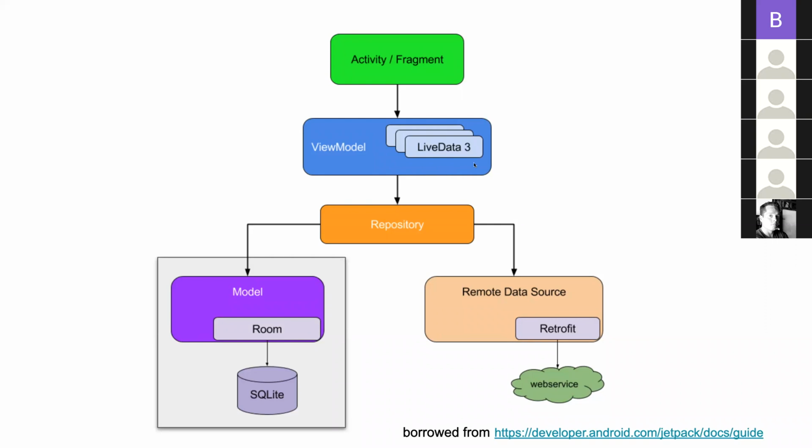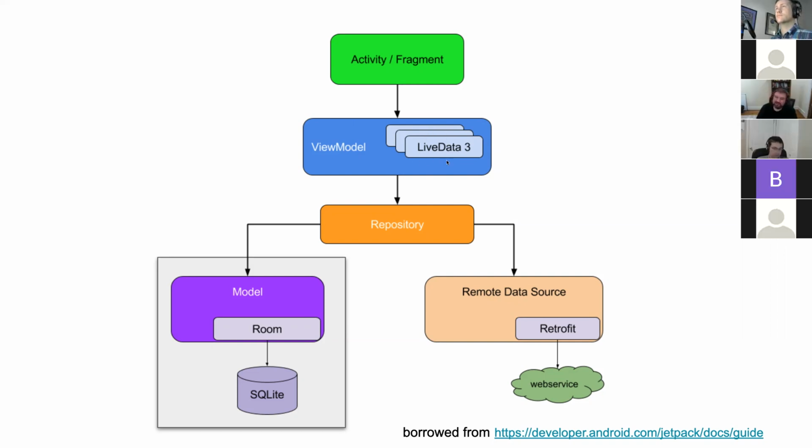And so basically what we're doing here is in the view, this top little activity fragment is the view, and it's going to handle just UI information. It's not going to make any sort of business model decisions. It's going to just handle how to get stuff on the screen and update it. And then that gets its information from the view model, which contains these live data elements.